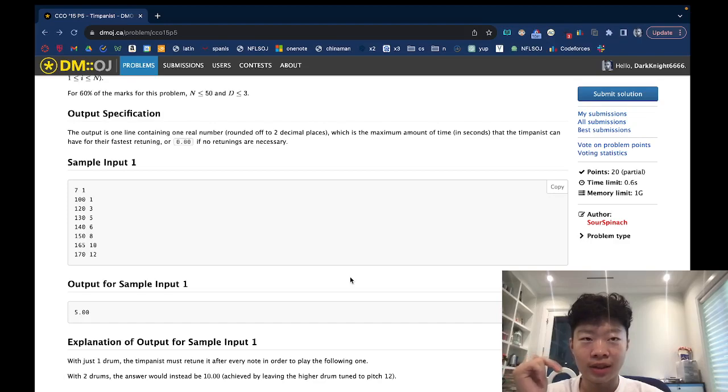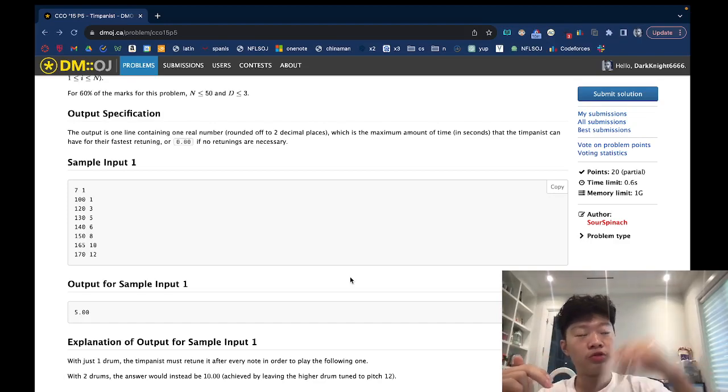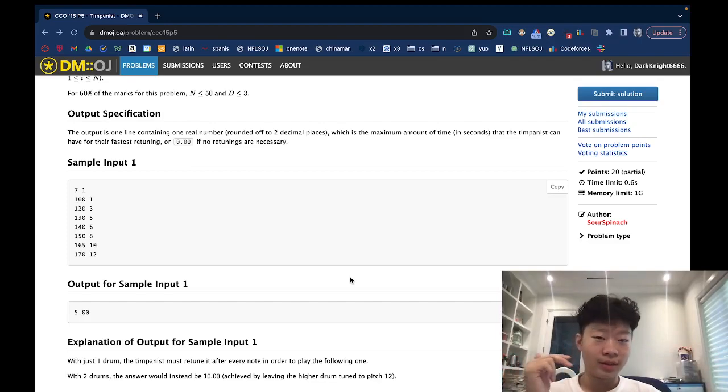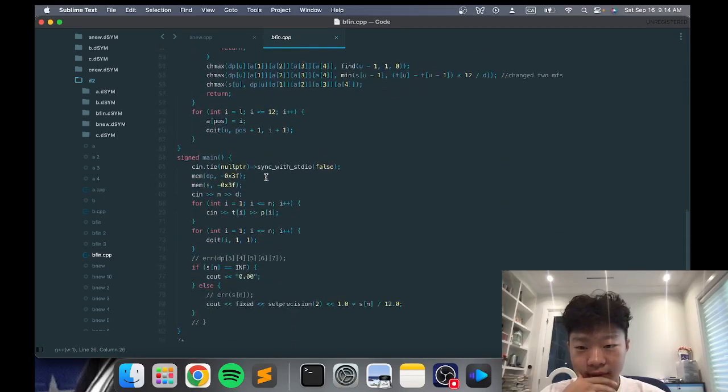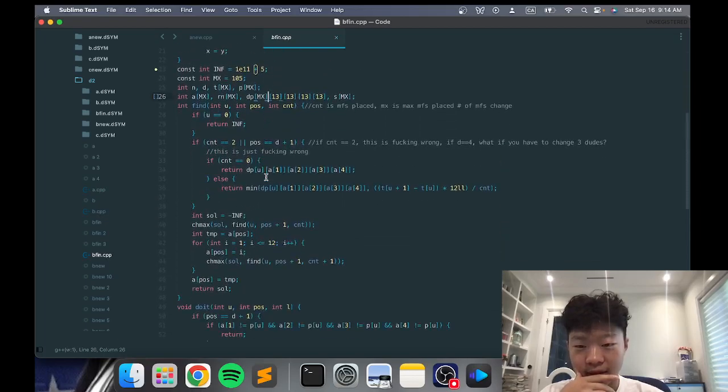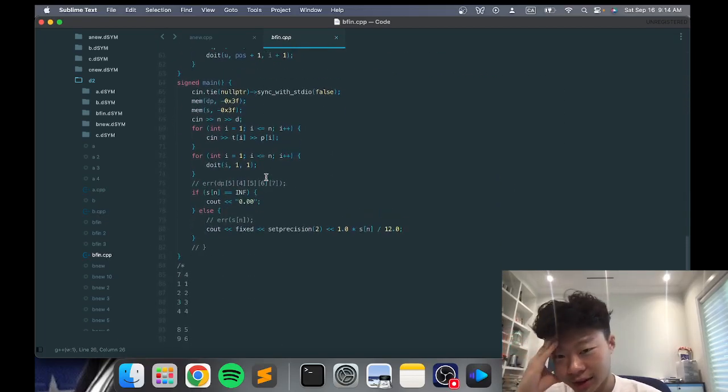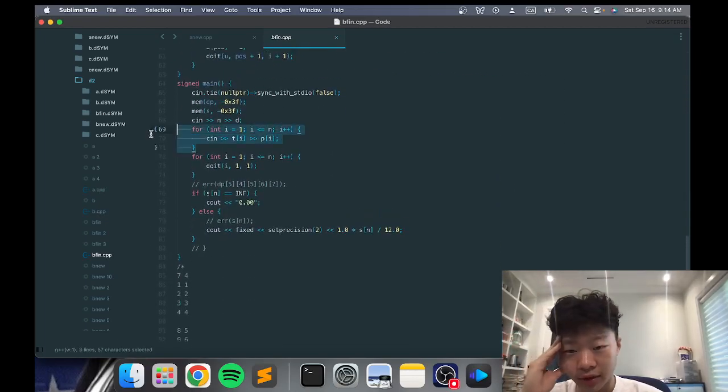So you can set up a state where at each moment this is your drum state. Like in a DP mindset. This is what moment you're at, and this is your drum state. And then you can do that. And just basically brute force that. This is so brute force. Okay, first boom boom, and then do it.